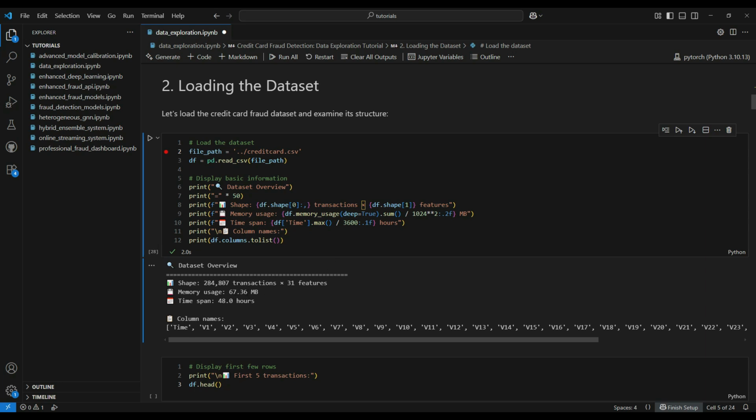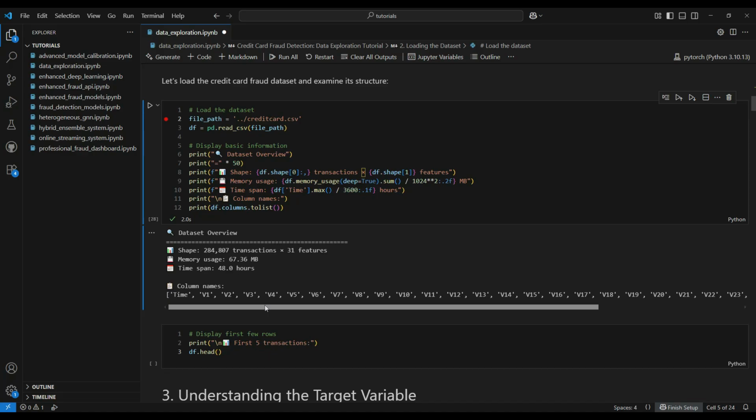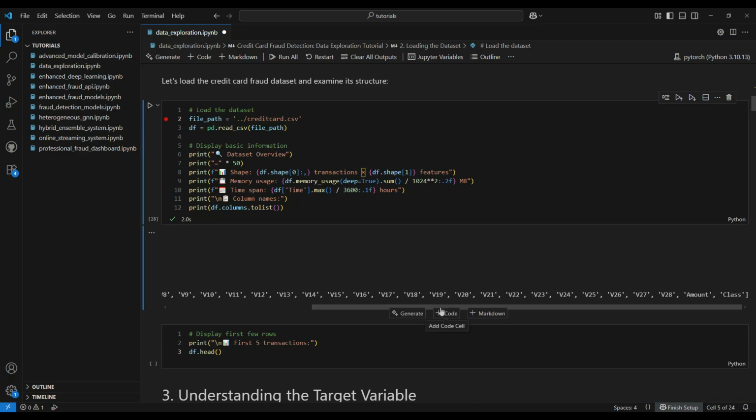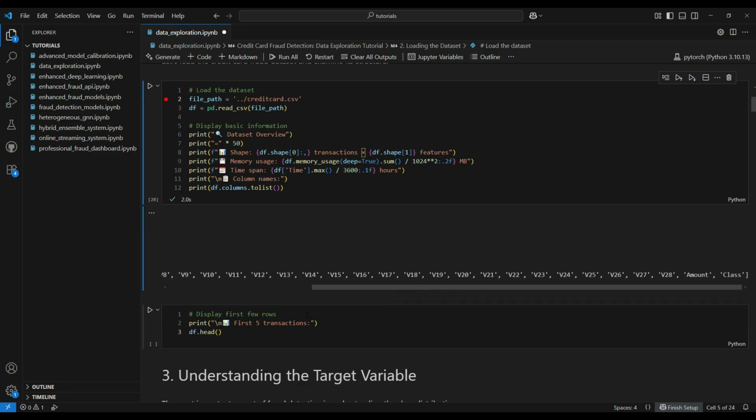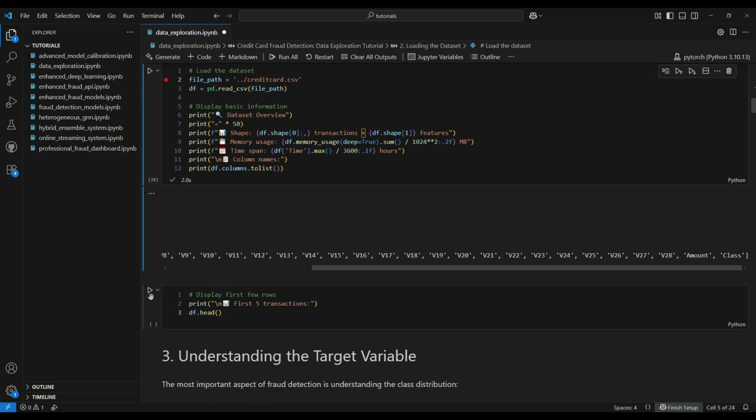We have 284,807 transactions with 31 features, 67 megabytes of memory, and it covers 48 hours of transactions. The column names include time, V1 through V28, amount, and class. Now let's visualize the first 5 transactions.